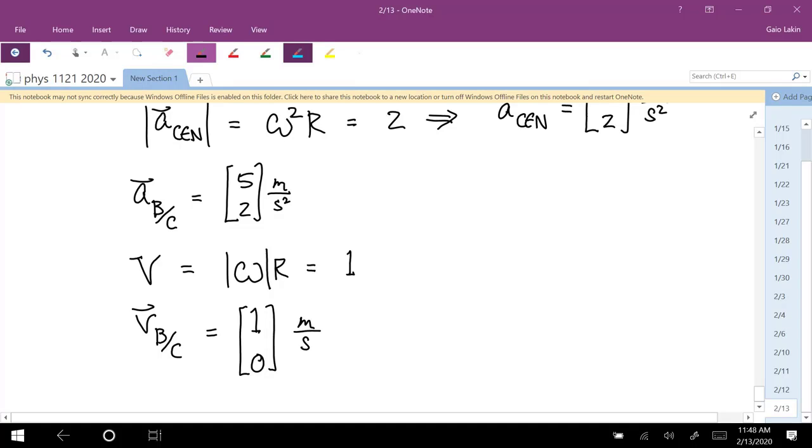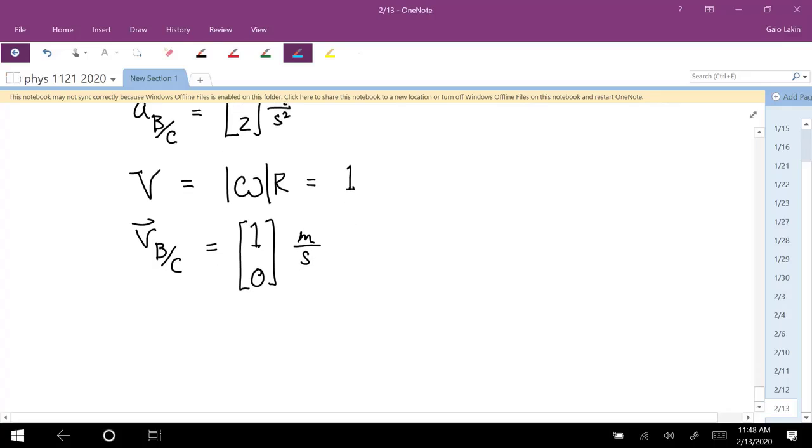And now all we have to do is put those together with the relative motion equations. So I'll do velocity first. So the velocity of the bottom relative to the ground is the velocity of the bottom relative to the center plus the velocity of the center relative to the ground.